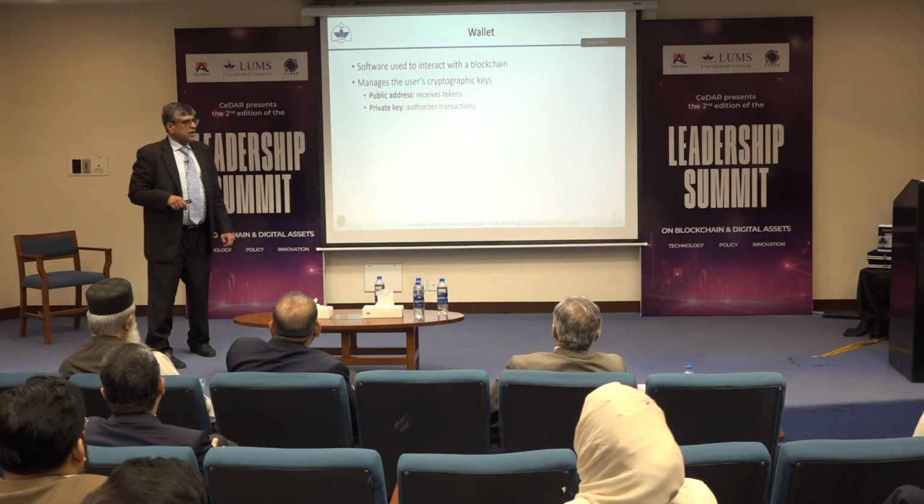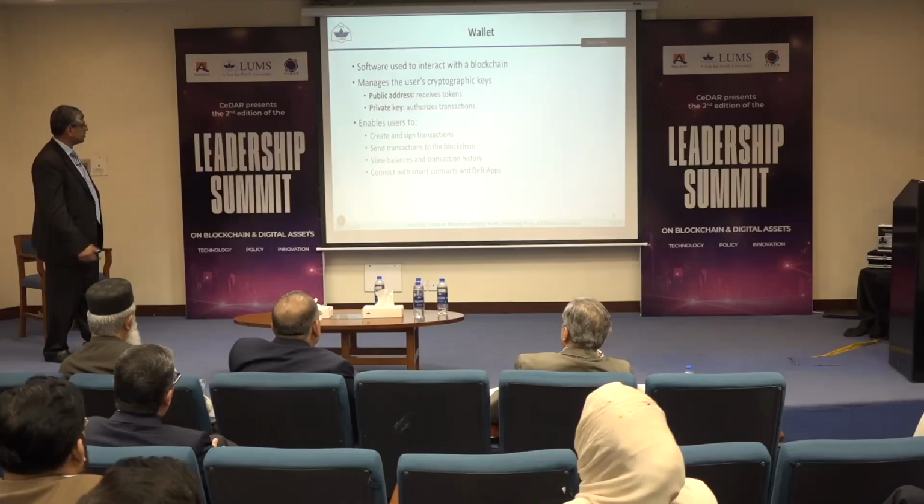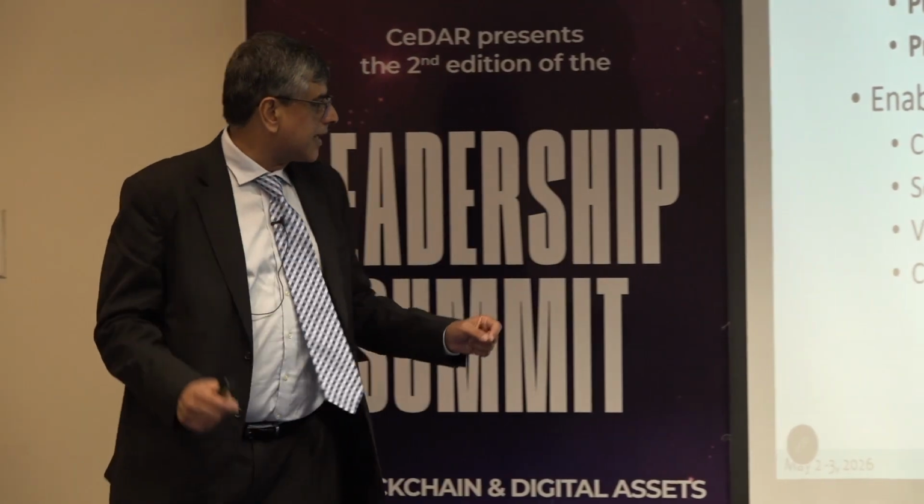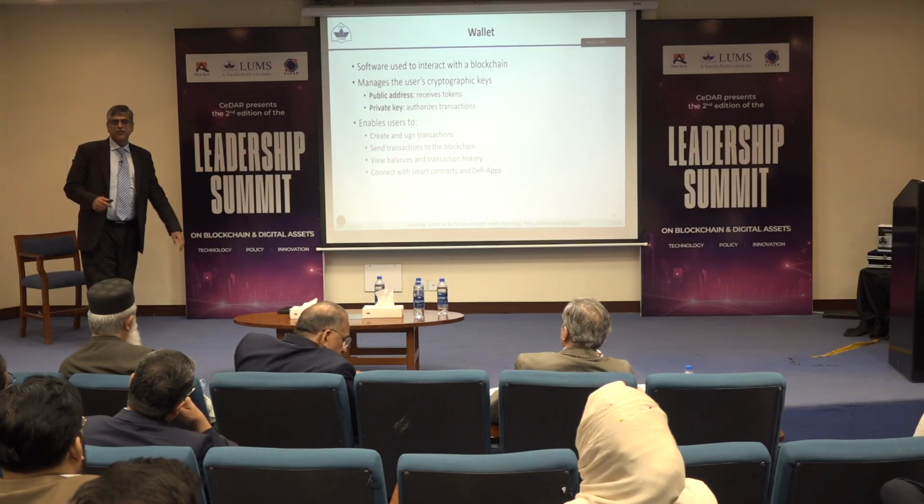It keeps it secret. Sometimes it doesn't even give you the private key, but it's stored in your wallet, and it is used to sign these transactions. So if you lose your private key, you lose your asset on the blockchain. So essentially, a wallet enables you to create and sign transactions, send transactions to the blockchain, view your balances and transaction history, and it can connect with smart contracts and DeFi apps.